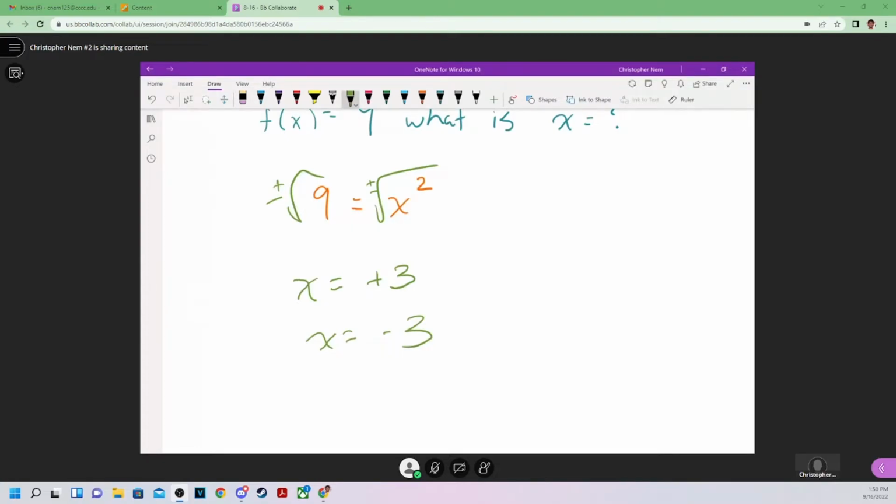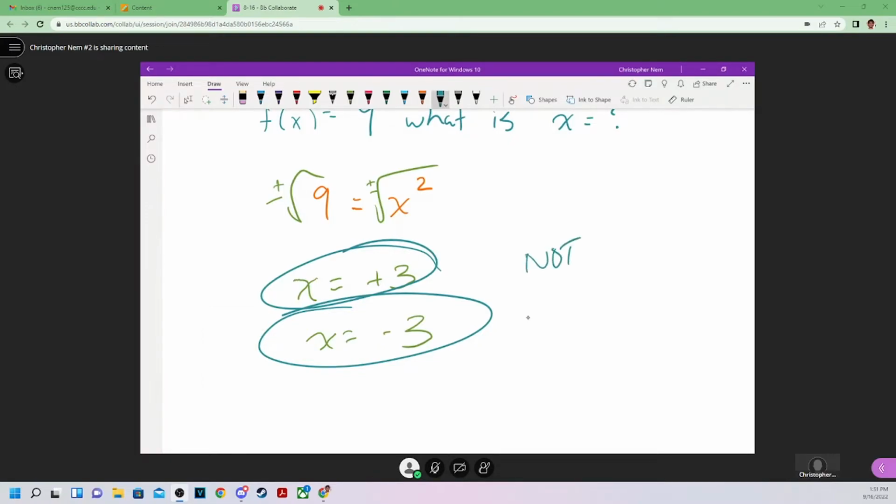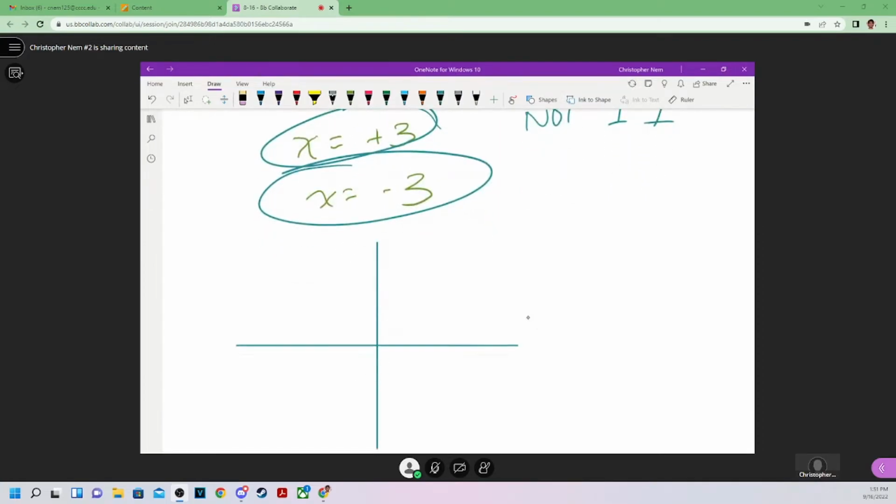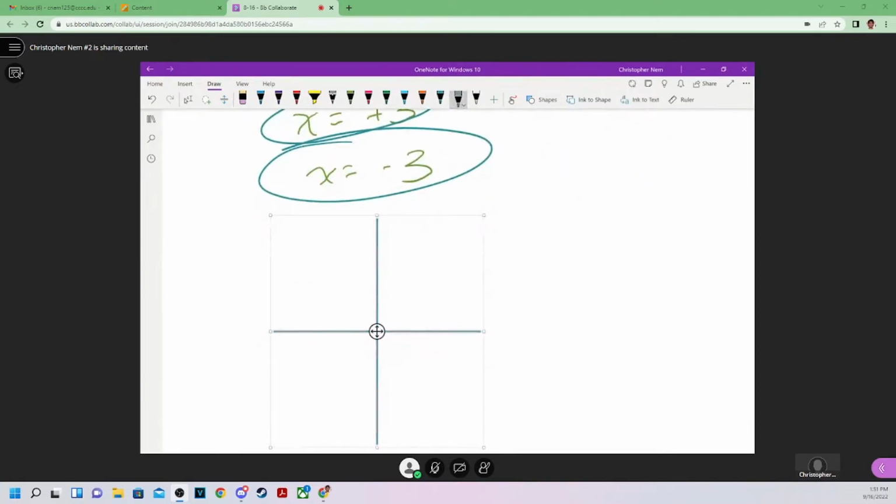But notice that I have two different inputs that give me 9. So automatically, it is not 1 to 1 because of that fact. And then if we look at this visually, what this image is saying is that, let's take my parabola, my x squared.